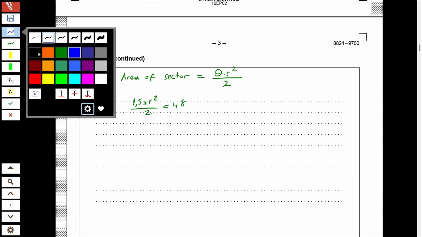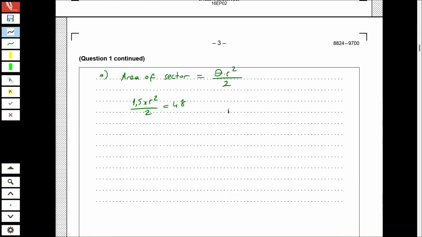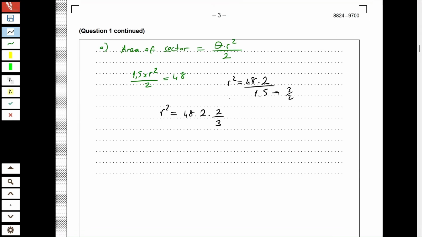From here, R squared equals 48 times 2 divided by 1.5, which is R squared equals 48 times 2 over 3, because this is 3 over 2 and we reverse it. From here, R squared equals 64 and R equals 8.